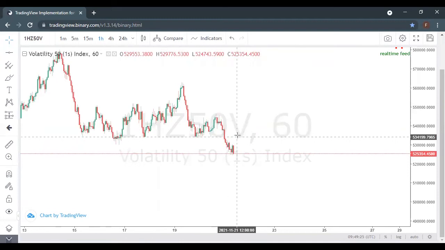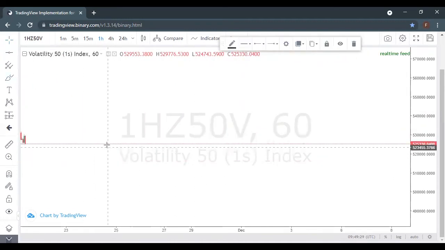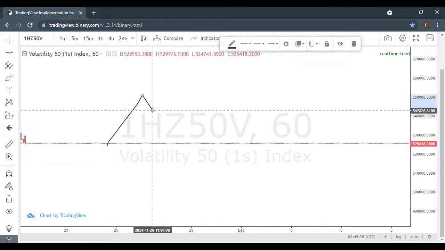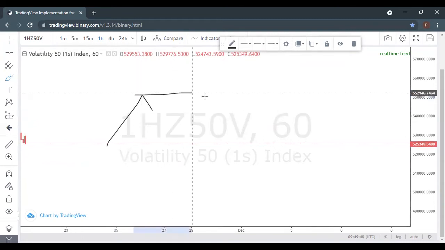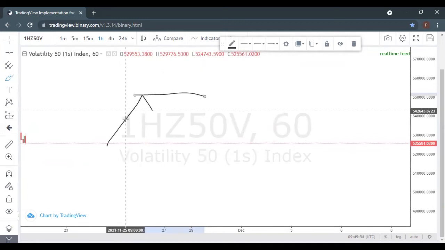Let's say we have a market that is going up, then it reaches a level where it changes its direction like this. We call this level resistance. So how do we define resistance? Basically, resistance is a price level responsible for changing direction that pushes the market to the downside.